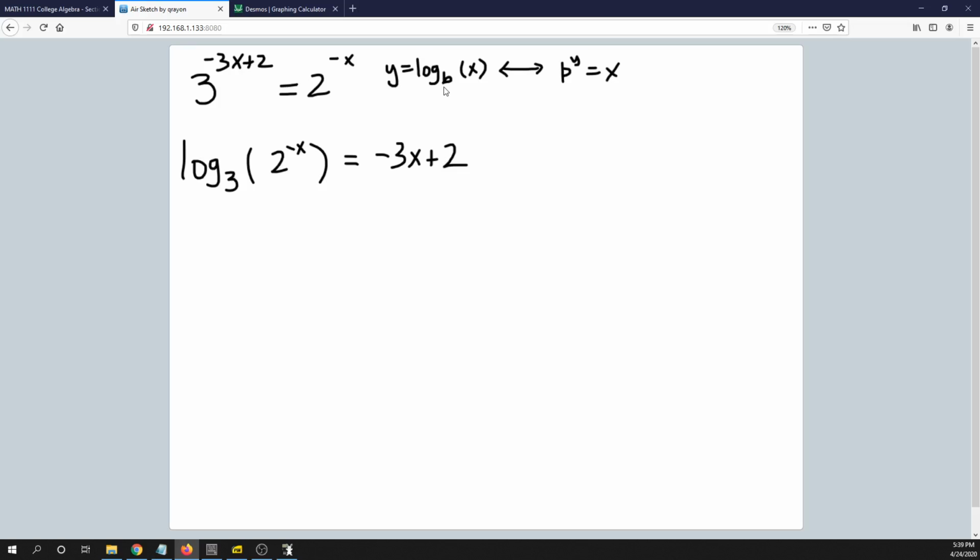All right, so now once you do that, there's a little extra step with this minus x. You can use the power rule for logarithms. That says I can bring that exponent down out in front.